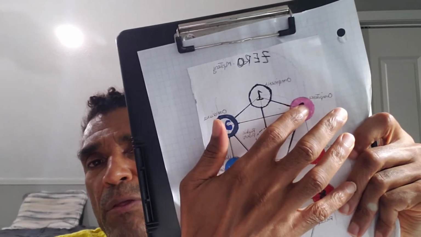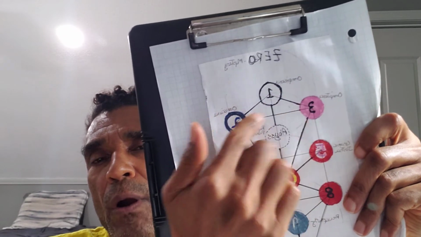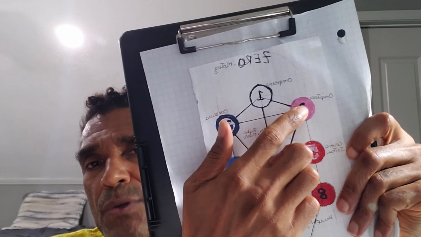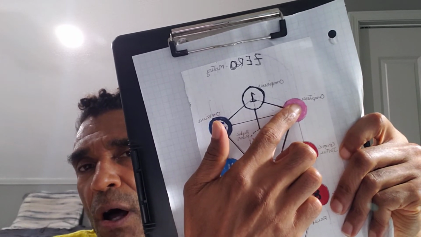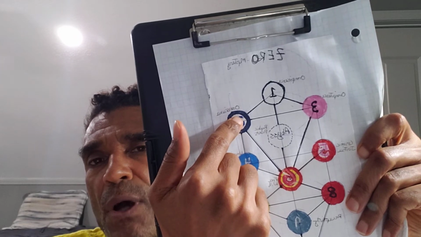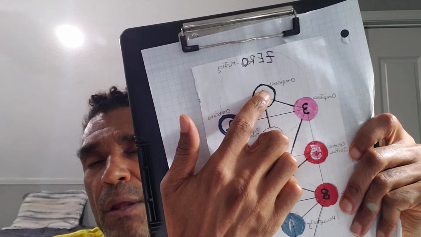Okay, then the 3, 2, and 1 that are at the top of the tree are really our divine faculties within. So this is omnipotence, all-powerful, 3. Number 2 is omniscience, all knowing. And then 1 is omnipresence, all present, all at once.